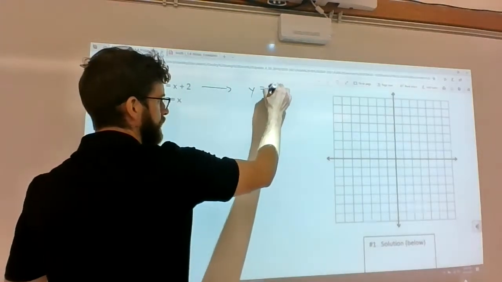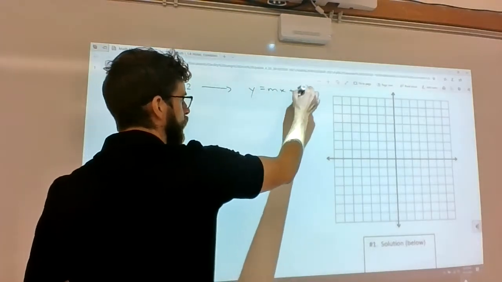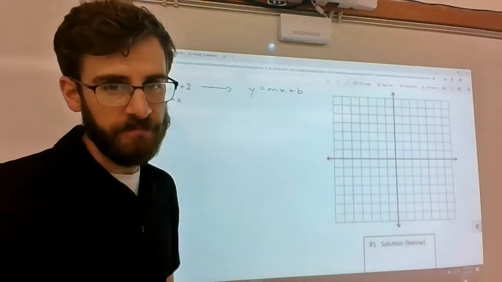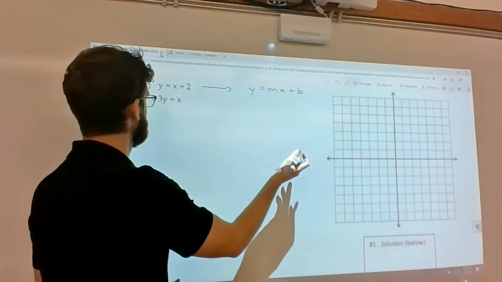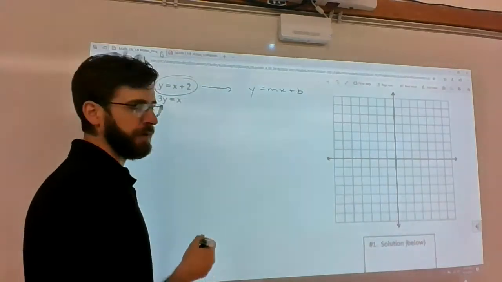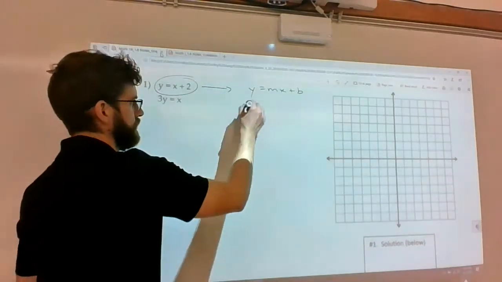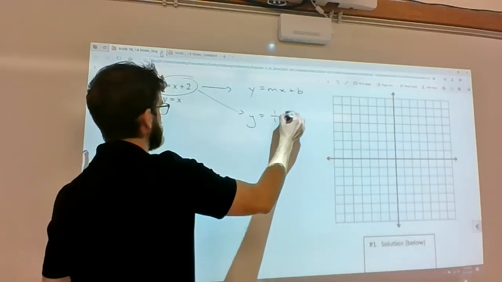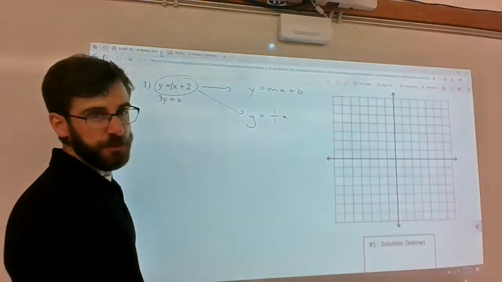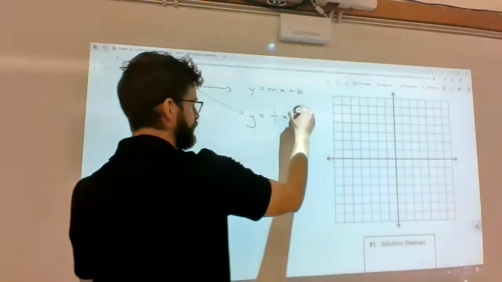So think to ourselves, can we get every single one of these, except the special cases, to look like y equals mx plus b? First one's pretty much done for us. We got y equals 1 over 1x, I'm just assuming there's a 1 in front of that x, plus 2.